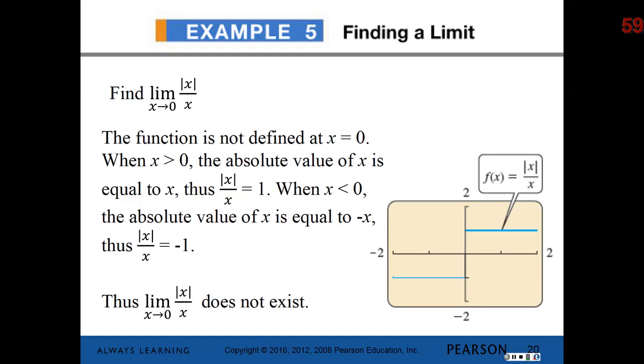No. So the limit doesn't exist. The limit from the left doesn't equal the limit from the right. That's why the limit doesn't exist. Notice it has nothing to do with the fact that the function's not defined at 0. It's not because that function is not defined at 0. It's because the limit, as you come at it from both sides, do not equal each other. You get two different values.